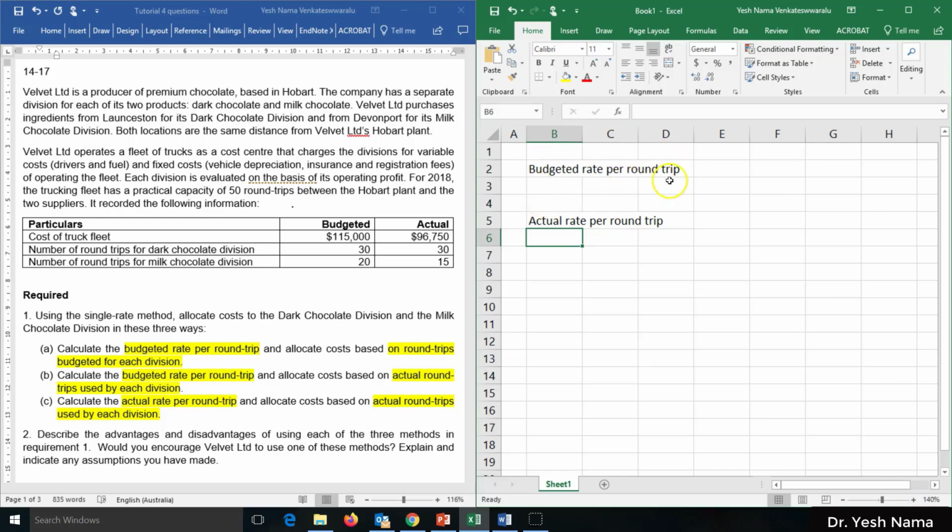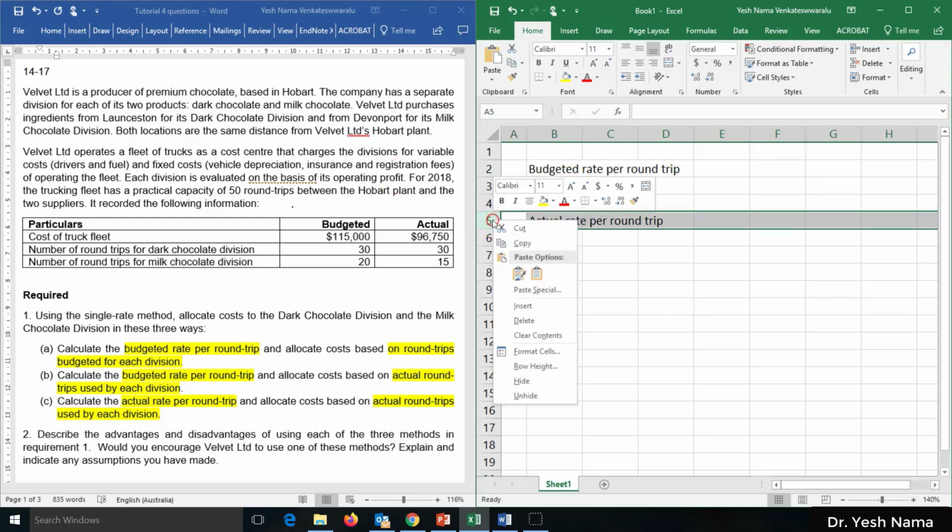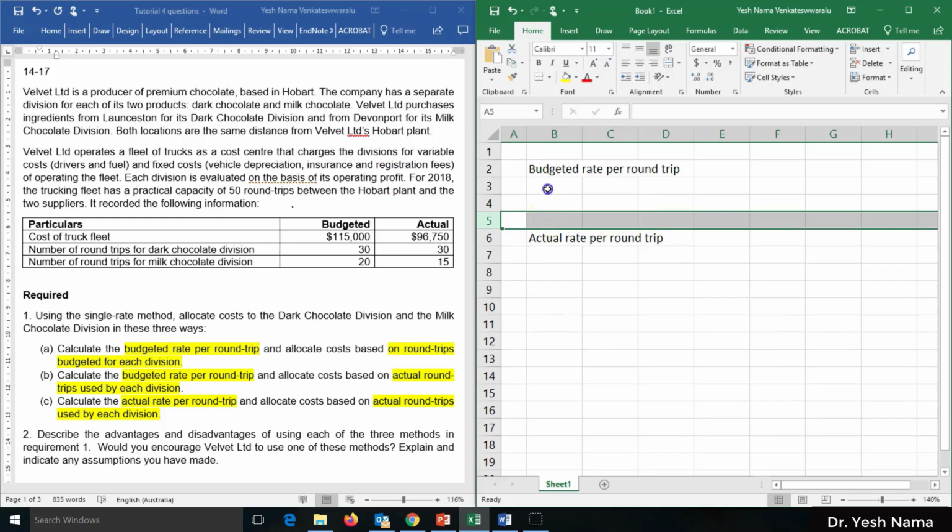So let's see what we need for this. In order to calculate the budgeted rate per round trip, we need total budgeted costs.